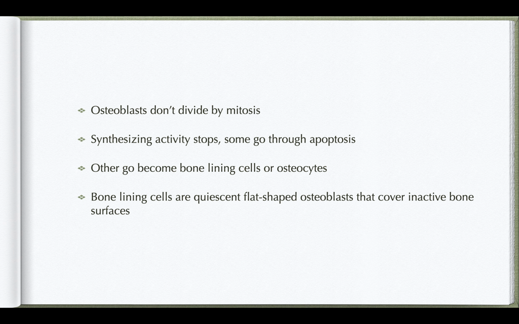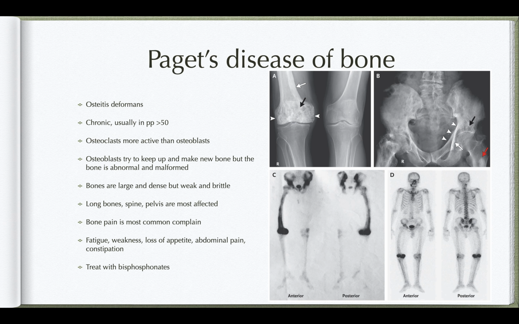Osteoblasts don't divide by mitosis. Once the synthesizing activity stops, some will go into apoptosis, and others become the bone lining cells, or osteocytes. The bone lining cells are quiescent, flat-shaped osteoblasts, and they cover inactive bone surfaces.